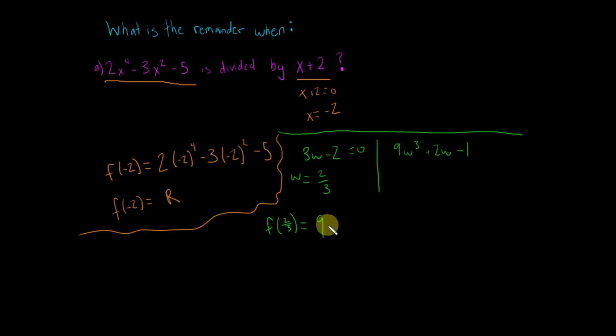equals 9 times 2 over 3 cubed plus 2 times 2 over 3 minus 1. F of 2 over 3 will be equal to, hold on, let me bring up this calculator real quick.